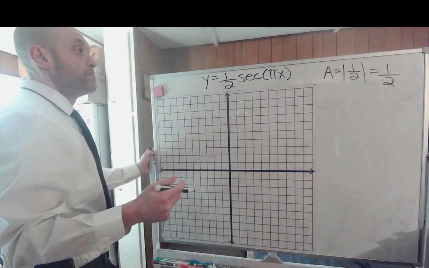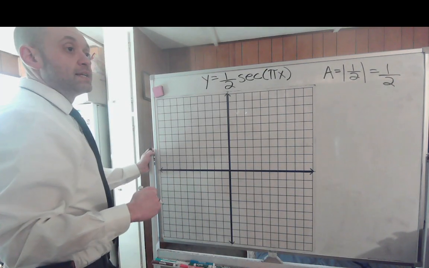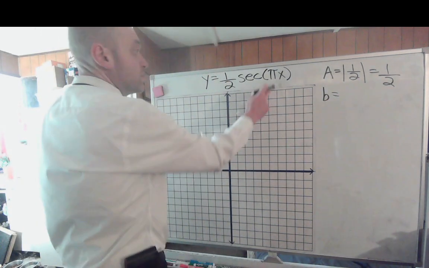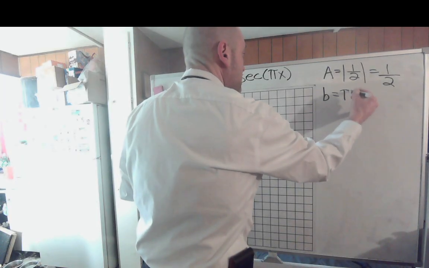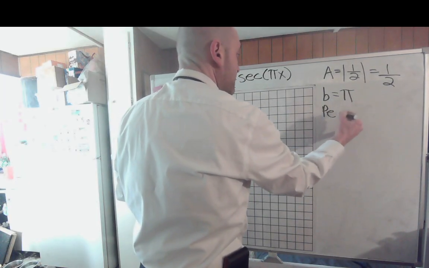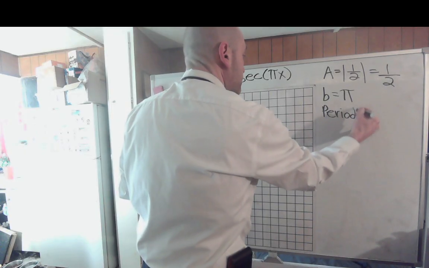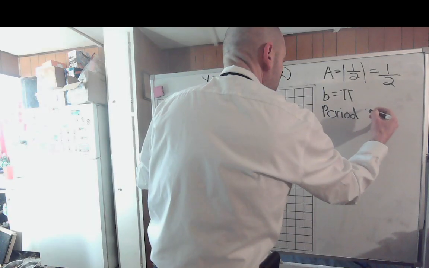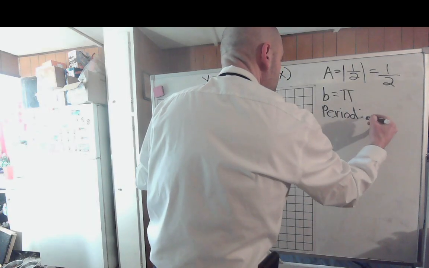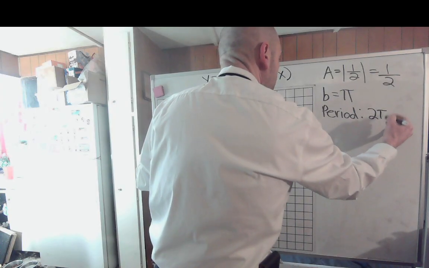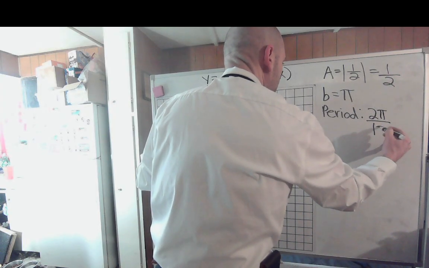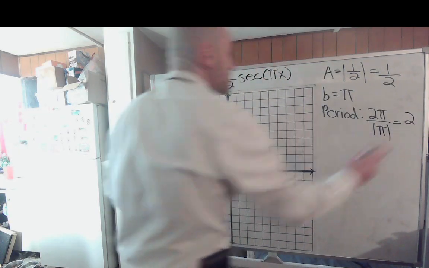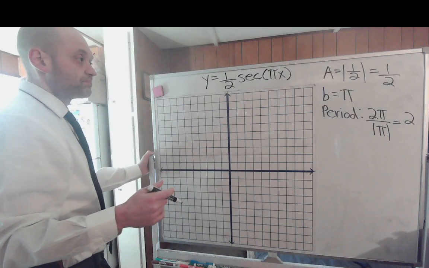Now what is that b coefficient? That b coefficient, of course, is pi. So to find your period, you're going to take 2 pi divided by the absolute value of pi, which would simply give you a period of 2.